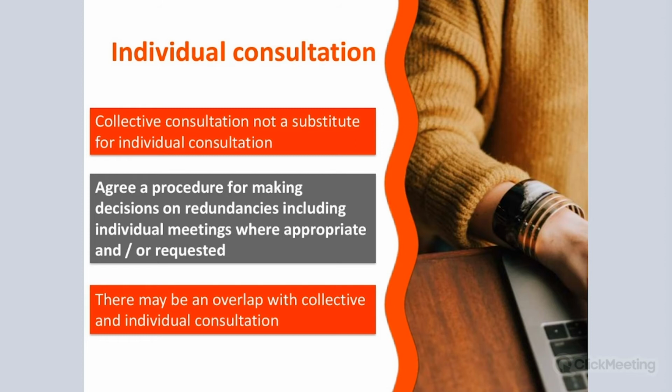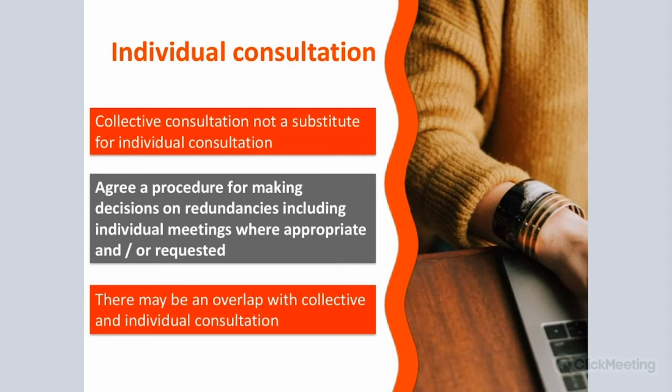But every redundancy situation will involve a level of consultation with employees about the proposal to make them redundant. And that individual process doesn't disappear just because you're in a collective consultation situation. So it's not a substitute for individual consultation. You will still have to do that as an employer.